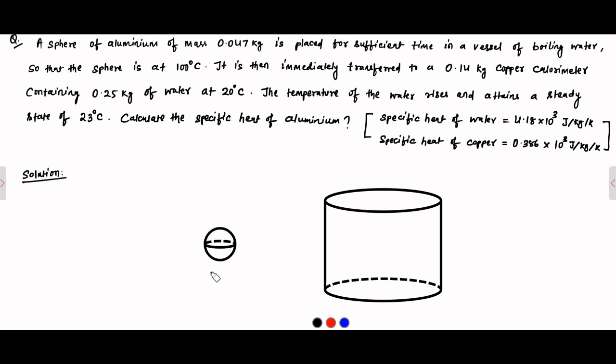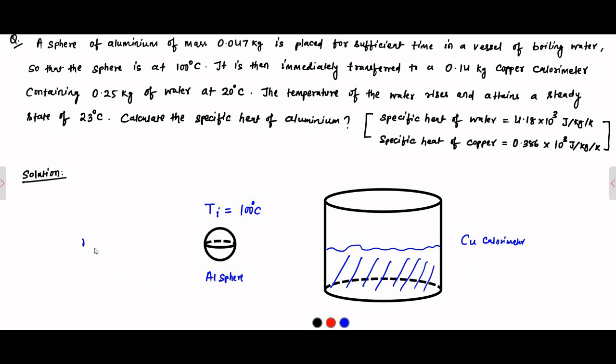So let's say this is the aluminium sphere and this is the copper calorimeter. The aluminium sphere is at an initial temperature of 100 degrees Celsius, because it is dipped for enough time in boiling water. And this is the copper calorimeter, which is filled with water.